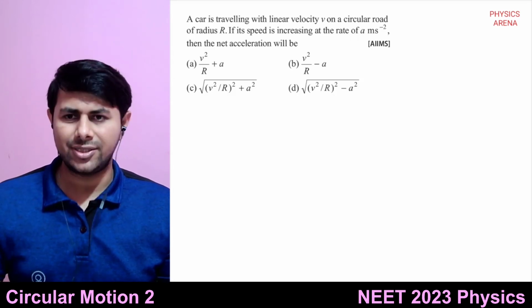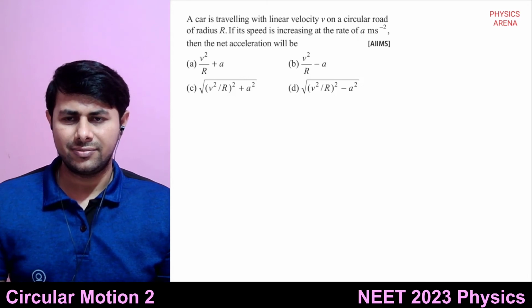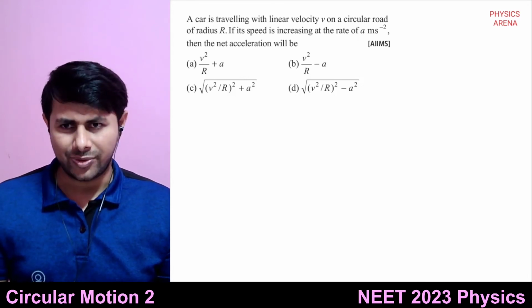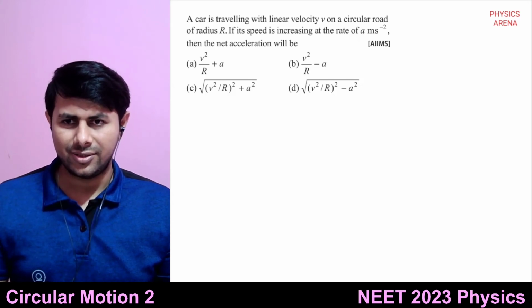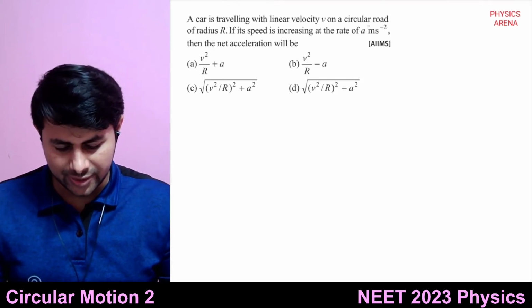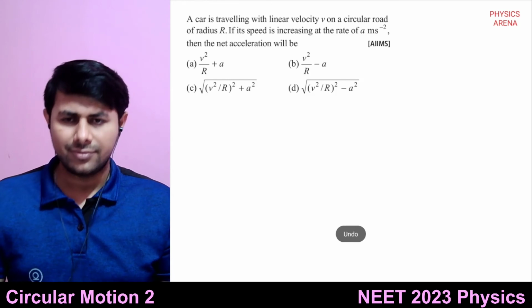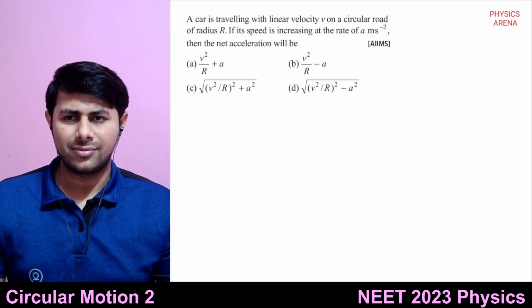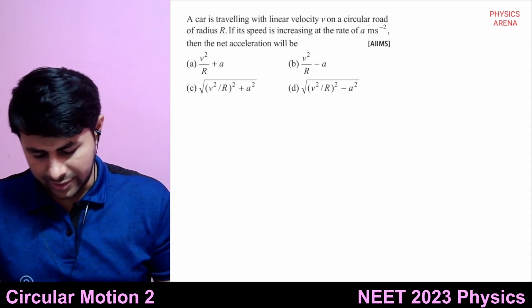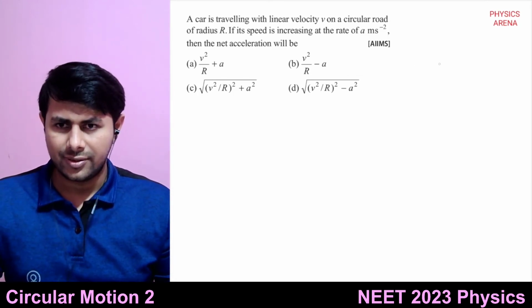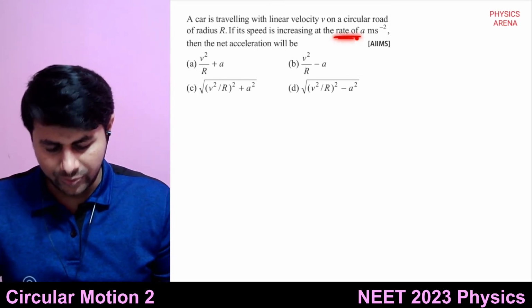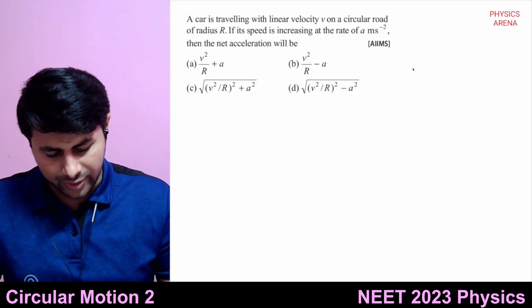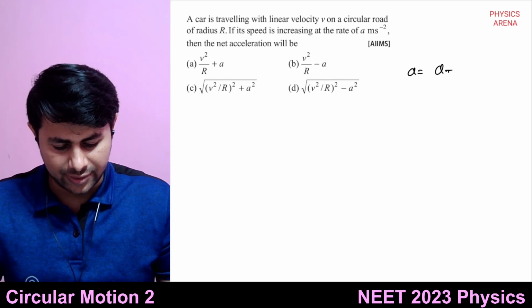Centripetal is due to change in direction of velocity, right? So this is tangential acceleration, since it is changing the magnitude of velocity. So a is tangential acceleration.